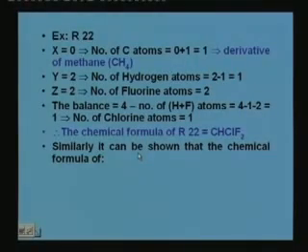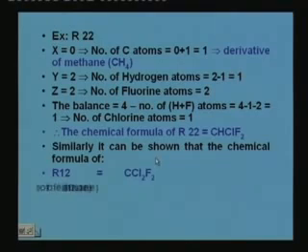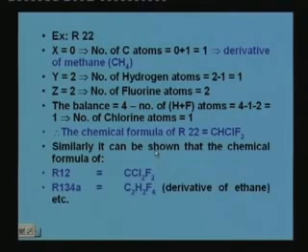Using the same rule you can show that the formula of R12 is CCl2F2, that means it is a chlorofluorocarbon, and the chemical composition of R134a is C2H2F4. This is a derivative of ethane because you have two atoms of carbon. In R134a, the letter a stands for an isomer.